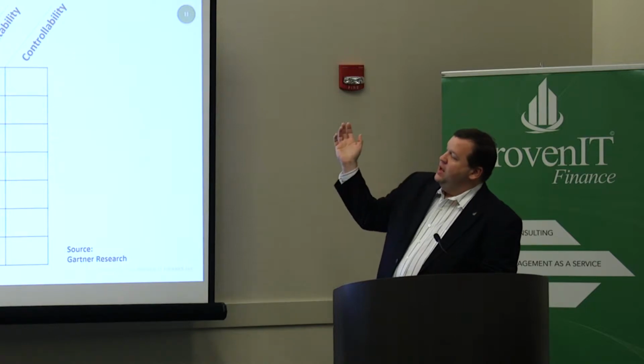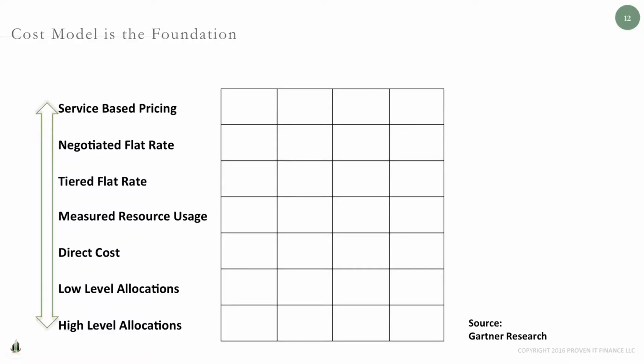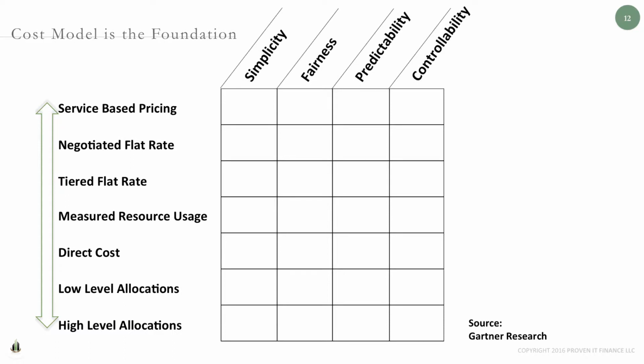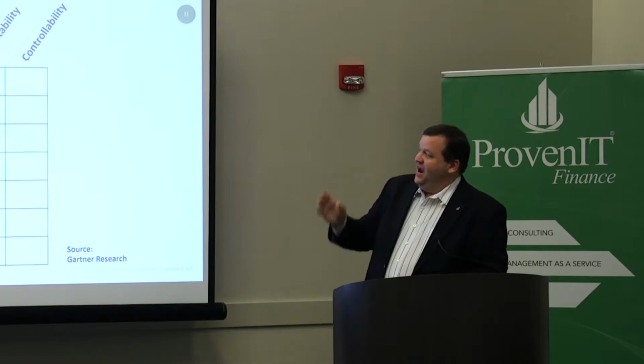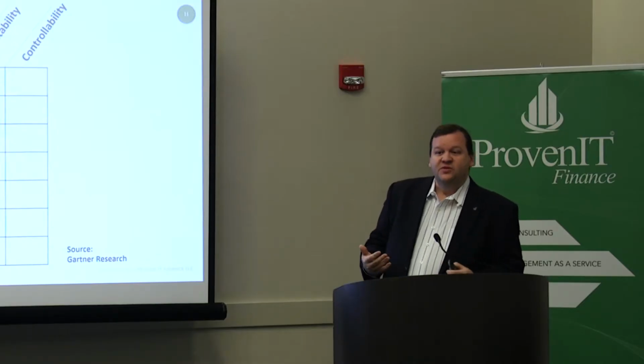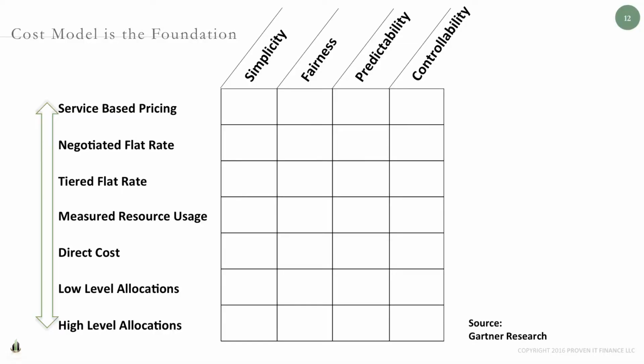And then Gartner said there's a dimensionality that each one of these types of movement fits against. I call them the emotions, right? Because if you ever notice, if you put a dollar sign in front of a number, people get emotional. Like I could say 5, and everybody's fine, but I say $5, and people are like, ooh. Every time you put a dollar sign, people get emotional. So these are the emotions. One is simplicity. How easy is it for me to understand the model you're describing?